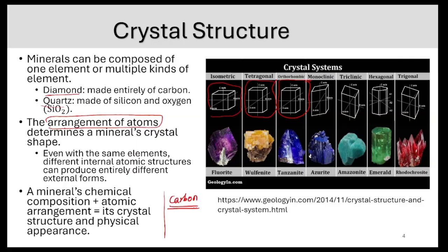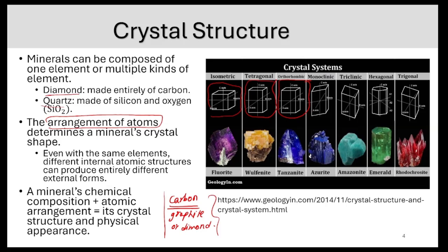So carbon can form both graphite or diamond based on how all the carbon atoms are arranged in the crystal structure.